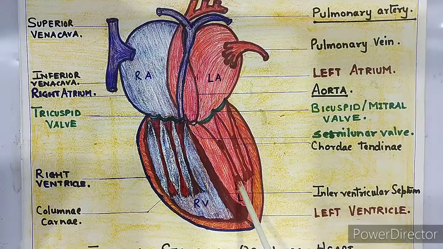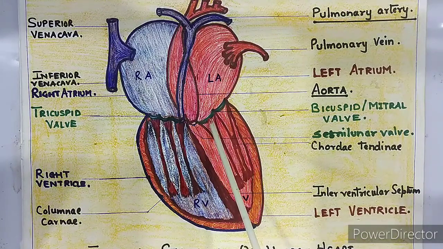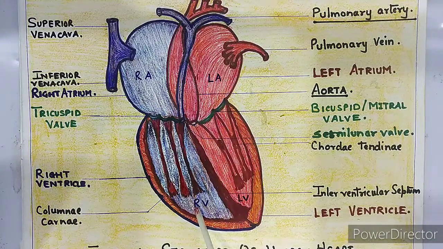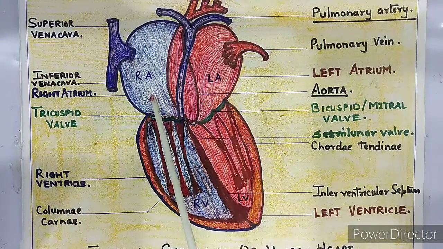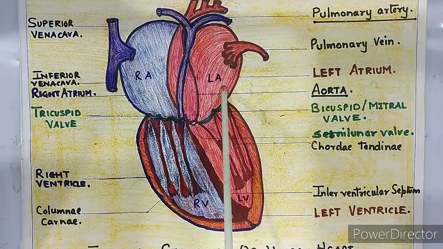The same function is performed by the bicuspid and the tricuspid valve. These valves act like doors and prevent the backflow of blood from the right ventricle to the right atrium and from the left ventricle to the left atrium.